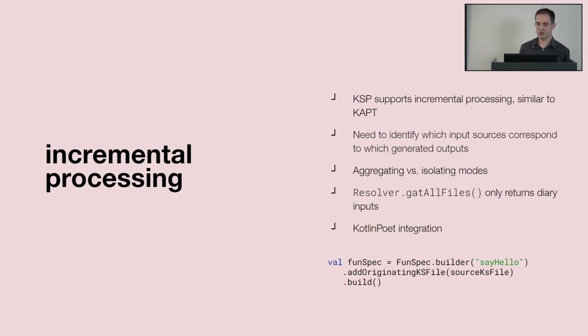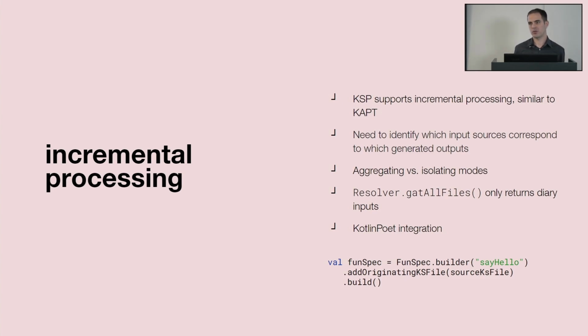KSP fortunately supports that, but in order to make it work, you have to mark every generated output and identify the original input sources corresponding to these generated outputs. So when those corresponding inputs change, the outputs will be deleted and regenerated.